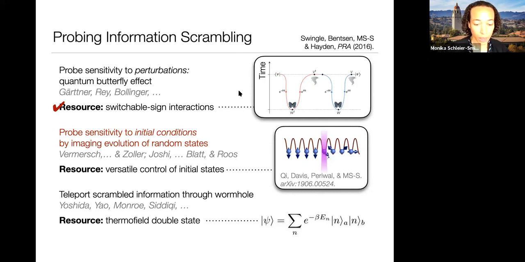Okay, good. In diagnosing this process of scrambling, we're relying on some of our intuitions for what we mean when we say a system is chaotic. One of those intuitions is sensitivity to perturbations. Another one is sensitivity to initial conditions.